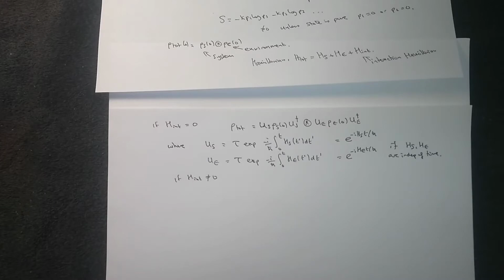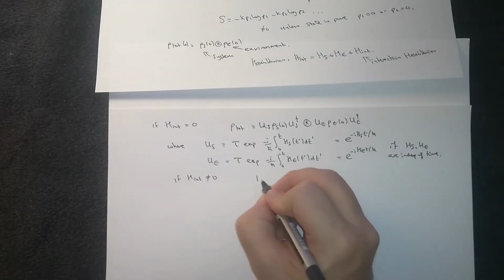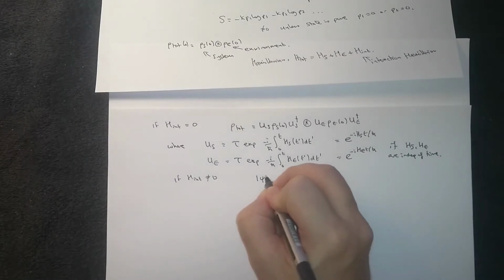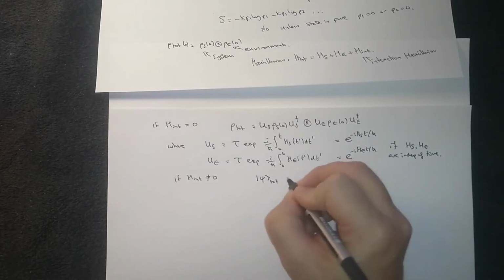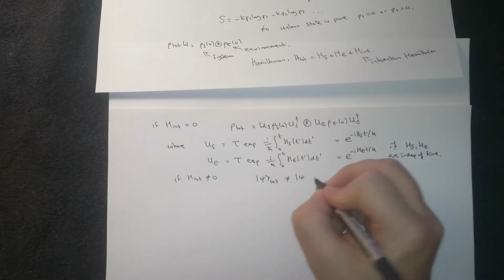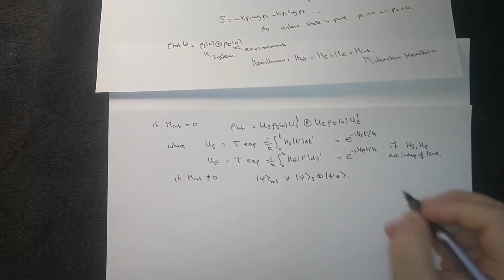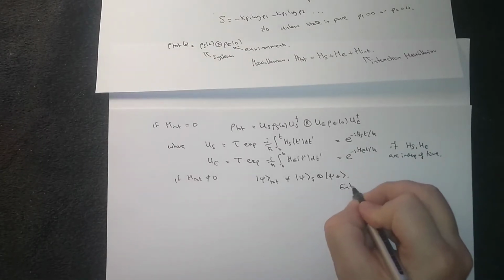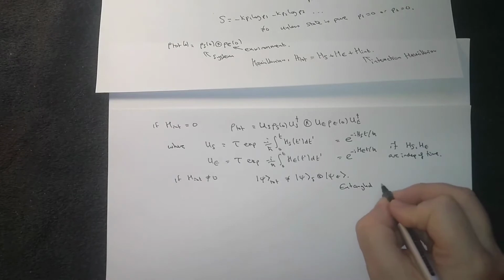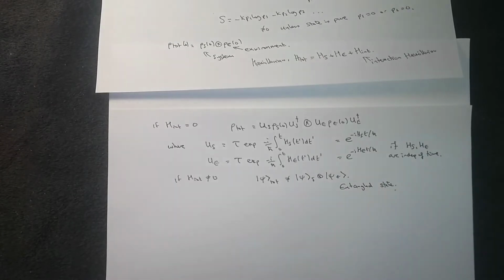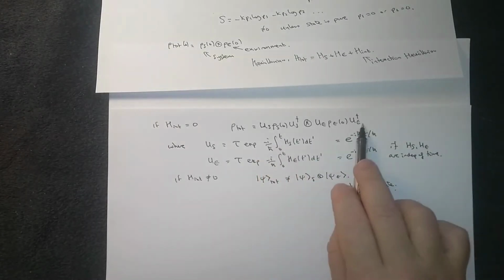In general, the quantum system will interact with its environment and become entangled, which means that as far as a state description goes, the total state is not simply the state of the system tensor product the state of the environment. So we have an entangled state, and for an entangled state the evolution does not obey this rule.